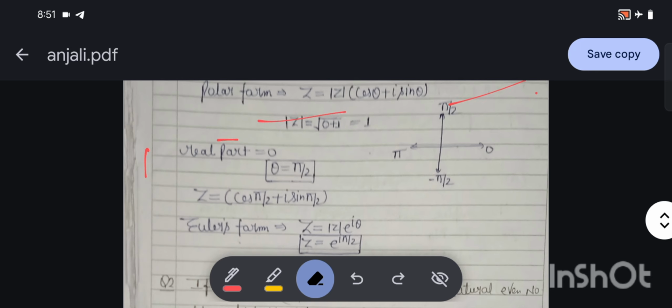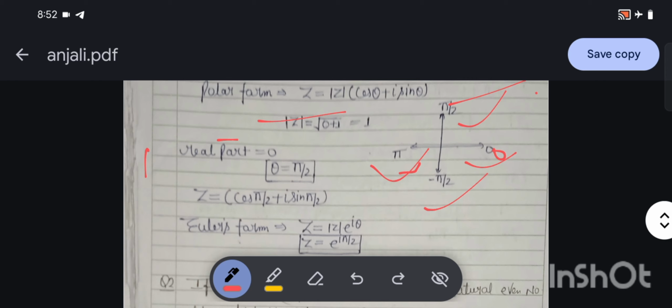So we know in any Cartesian plane, the horizontal line is the real axis and the vertical line is the imaginary axis. Okay, this is the positive real axis, this is the negative real axis, this is the positive imaginary axis, and this is the negative imaginary axis. The angle of the real axis is always 0, and the angle of the negative real axis is pi.